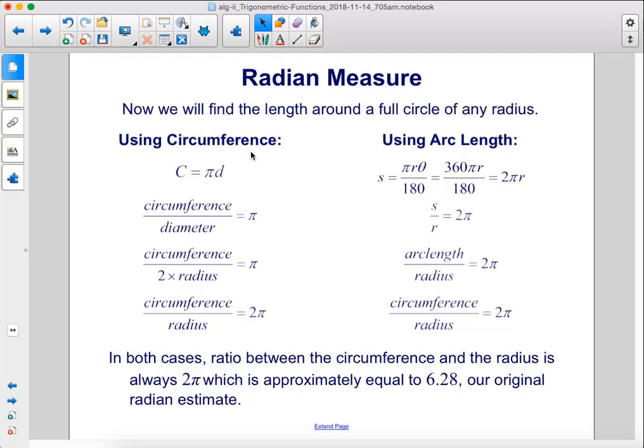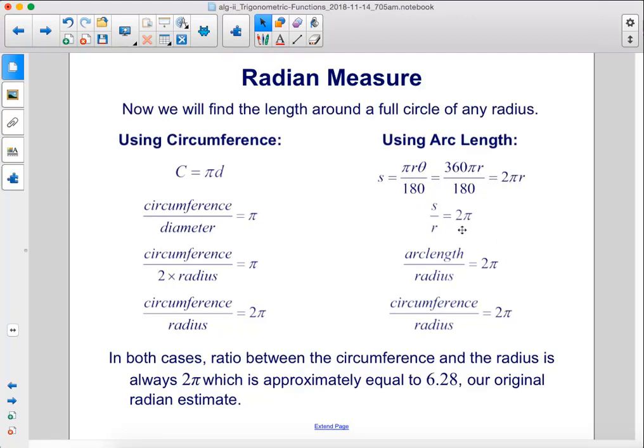Using the circumference, we know that C equals pi times d, which is circumference over diameter equals pi. Diameter is also 2 times the radius, therefore 2 pi equals circumference over radius. Using arc length, we know the arc length equals pi r theta over 180, or 360 pi r over 180, which equals 2 pi r.